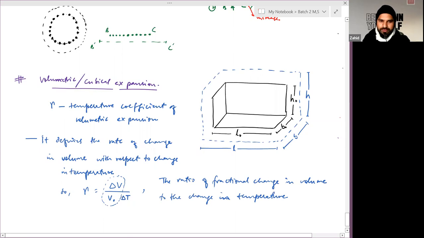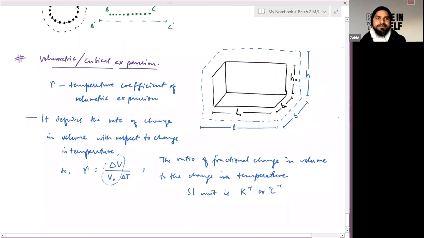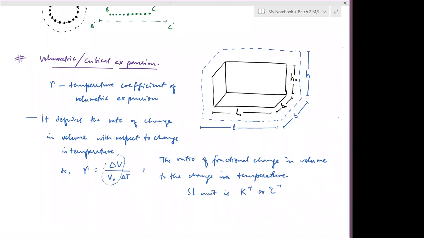Now, according to this formula, its SI unit will be Kelvin inverse or degree Celsius inverse. Samira, is it clear? Yes, sir. Okay, just write it down. Done, sir.